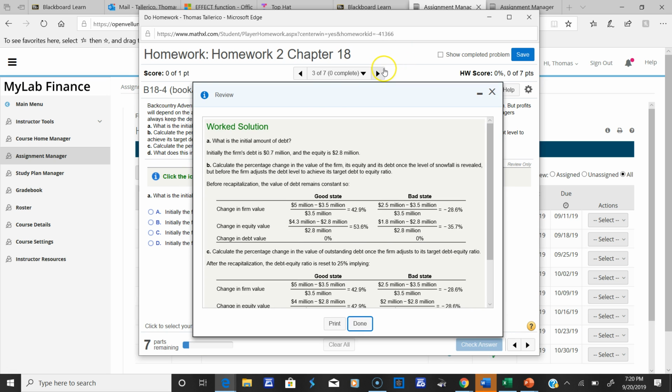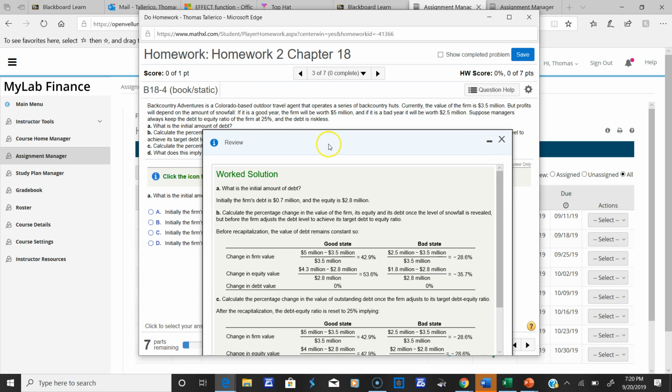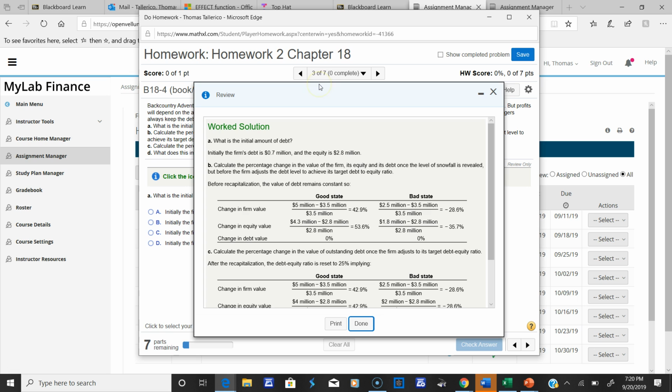It says, what is the initial amount of debt? The company's originally worth $3.5 million, right? With a 25% debt equity ratio, how do you get 25% debt equity out of $3.5 million? If you divide 0.7 over 3.5, you'll get 25%, right?